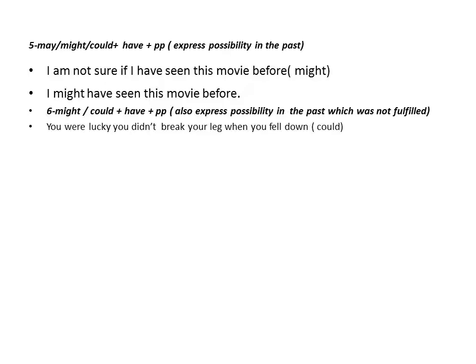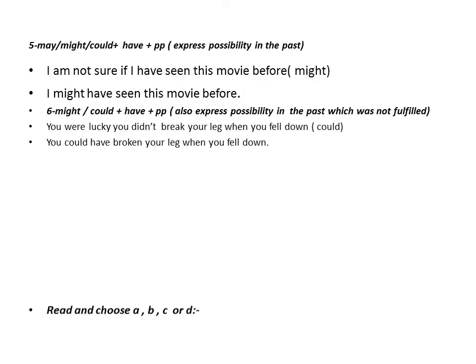No. Was it possible? Yeah, it was possible, but fortunately, luckily, it didn't happen. So it was not fulfilled. The action didn't happen. So the answer is you could have broken your leg when you fell down.